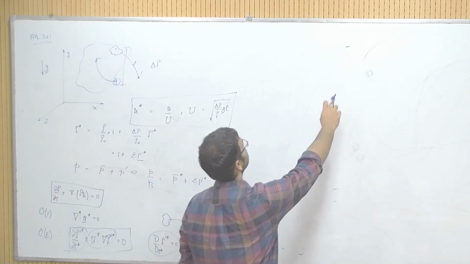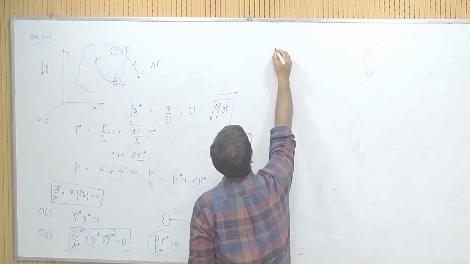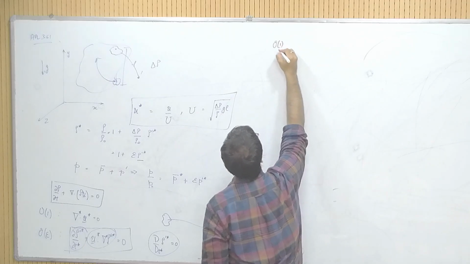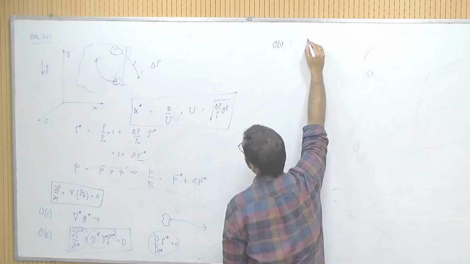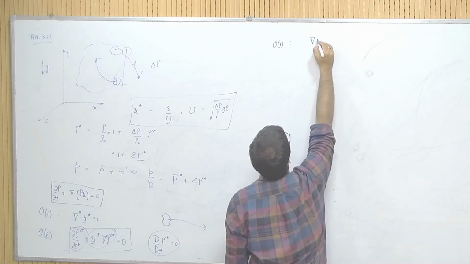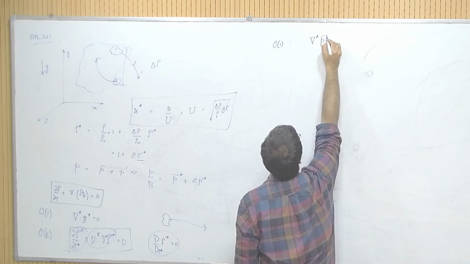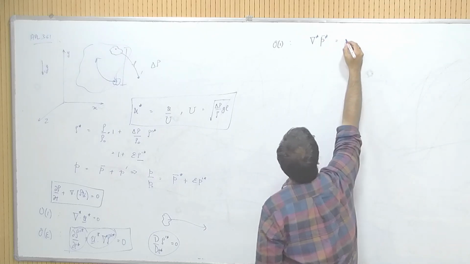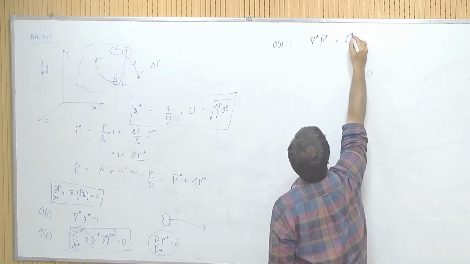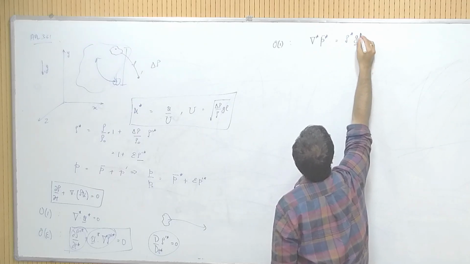So from the momentum equation we had derived that at order 1 we had obtained an equation for p bar star, and that was that this quantity equals rho star g star.